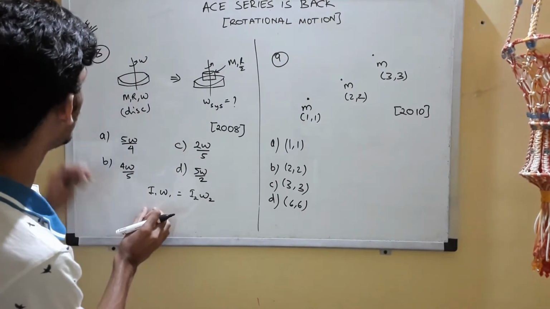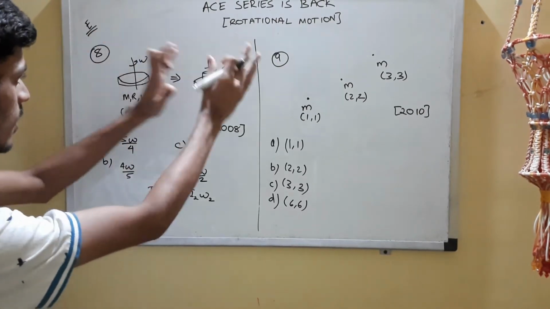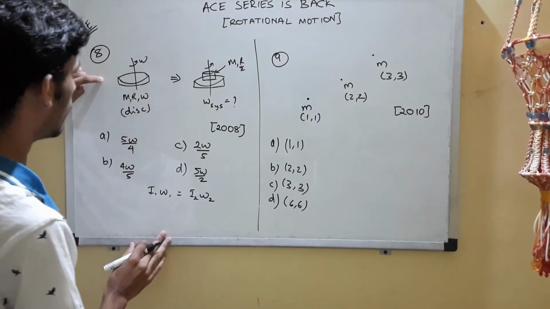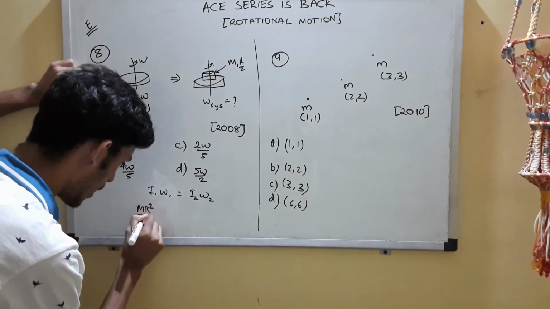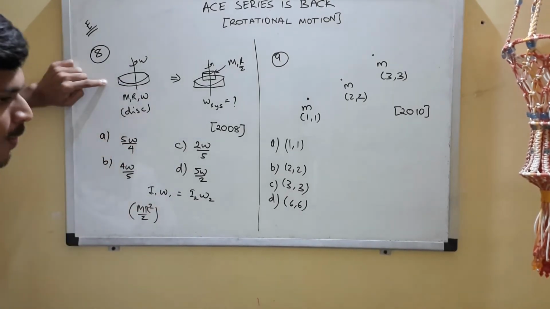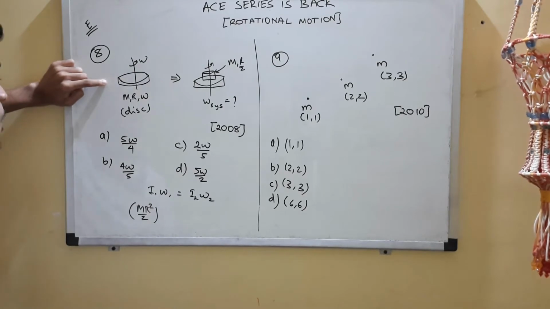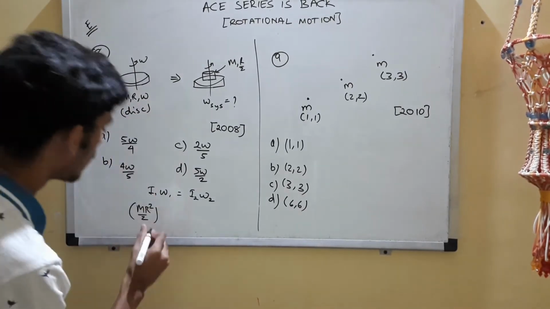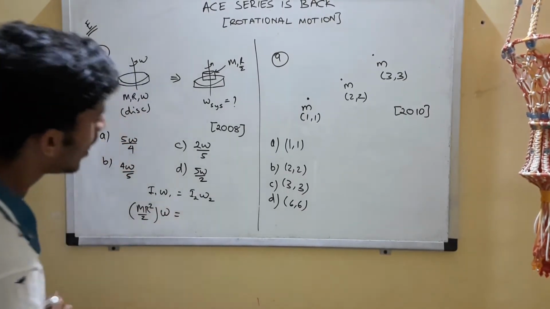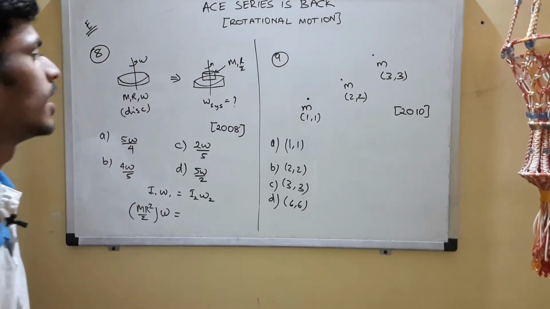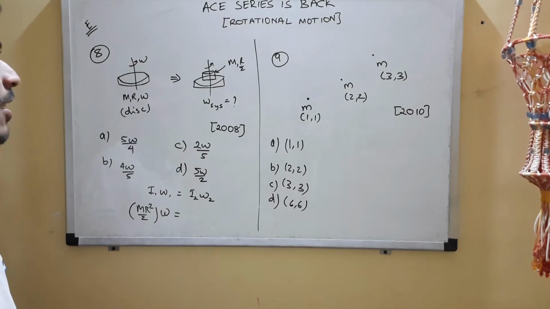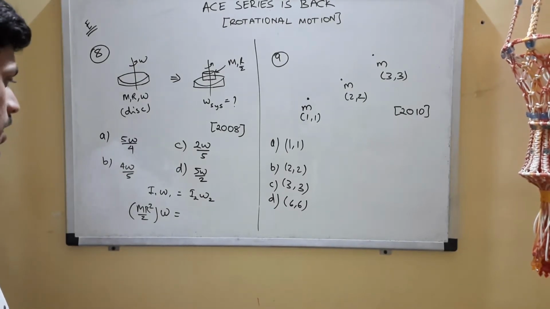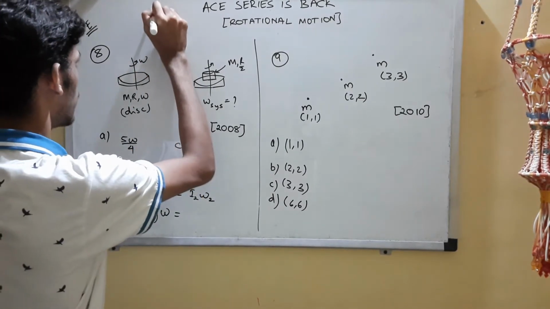And I1, if you see here, this is case 1, this is case 2. In case 1, what is the moment of inertia? You can simply say it is mr square by 2. For a disk, it is mr square by 2, right? Now, omega 1 is omega. For I2, you are supposed to find the moment of inertia of this system now. Basically, it's just mr square.